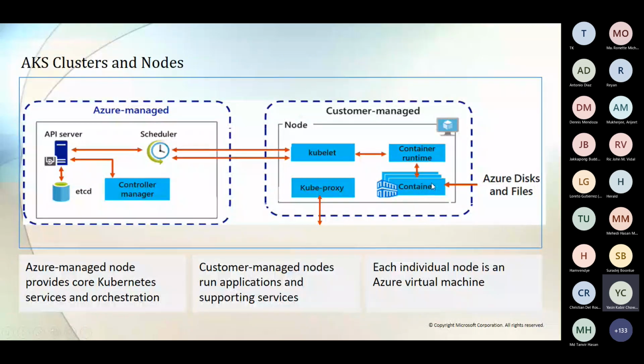This is managed by Azure, controlling and scheduling which container will go now, which container will be in the back and which will be the proxy. All will be controlled by this node, and you cannot pay for this node. You only pay for the customer managed nodes, meaning these VMs.